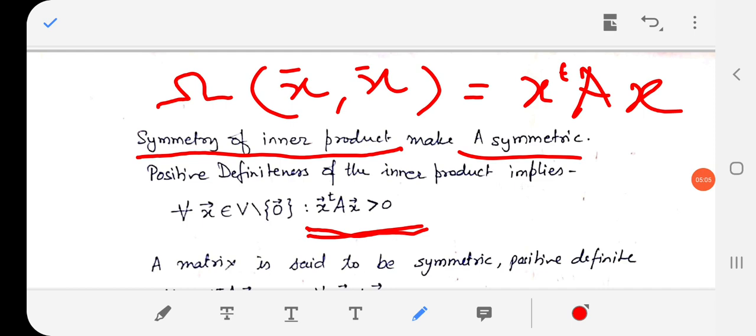And with this, the definition of the positive definite matrix becomes this: for every non-zero vector x, if x transpose A x comes out to be positive, then we say A is a symmetric, positive definite matrix. So that's the idea.